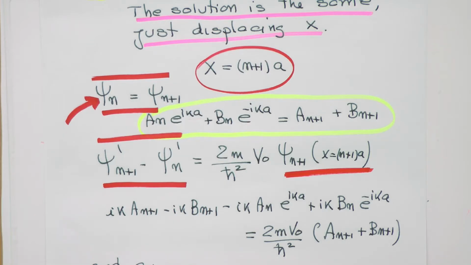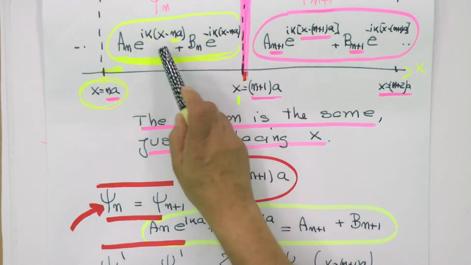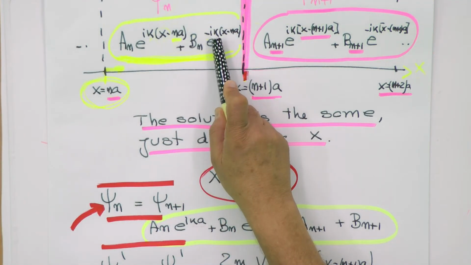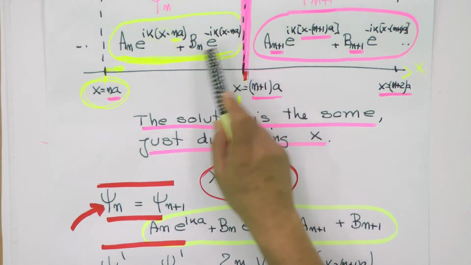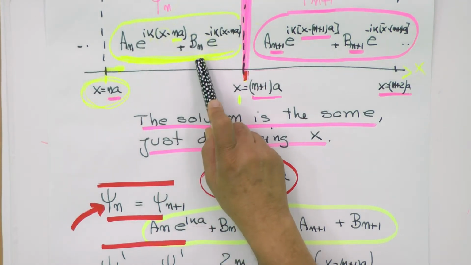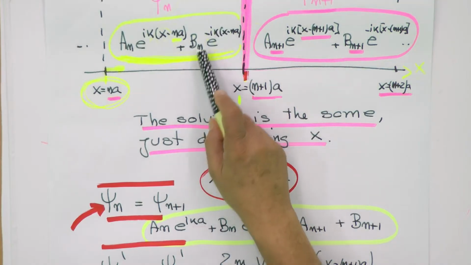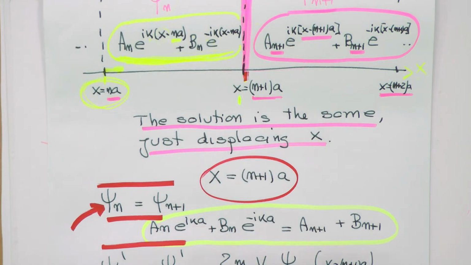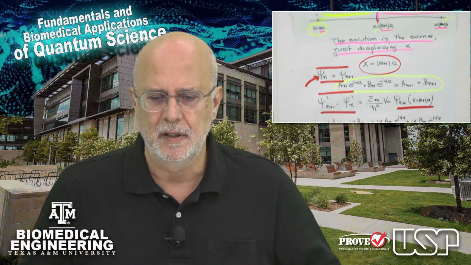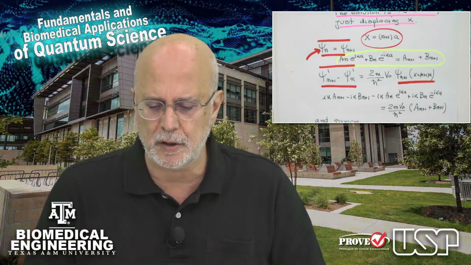Taking the derivative of this function gives ik times the function minus ik times this function. So it's ik times an times the same thing plus minus ik times bn, right? This will come out and the rest stays the same because the derivative of exponential is exponential.